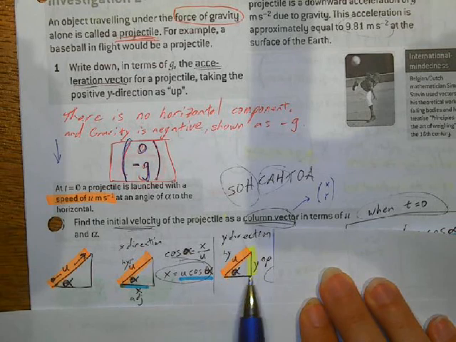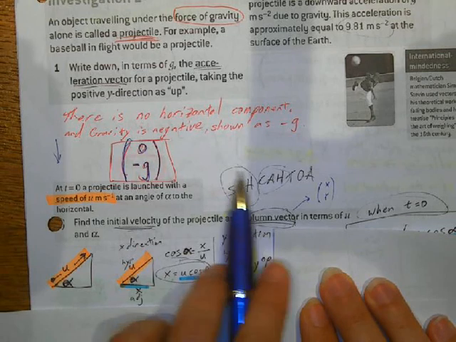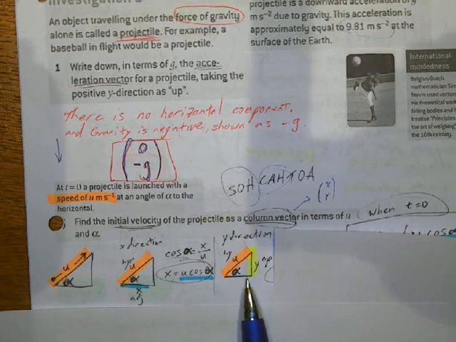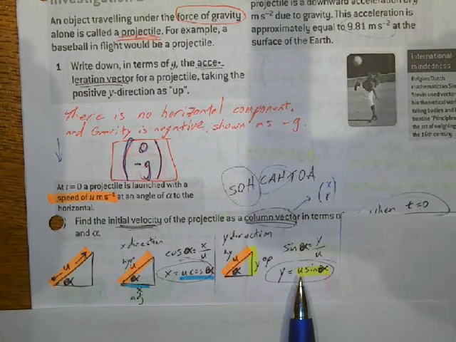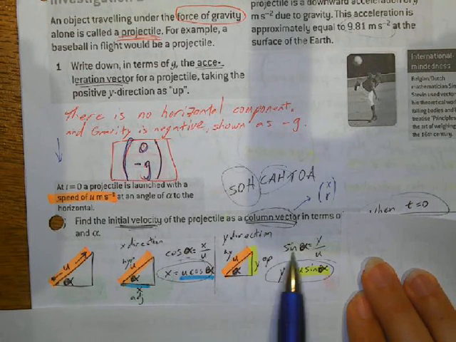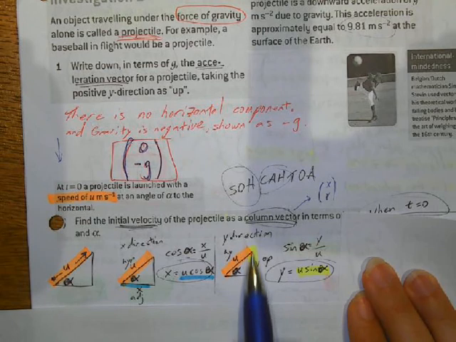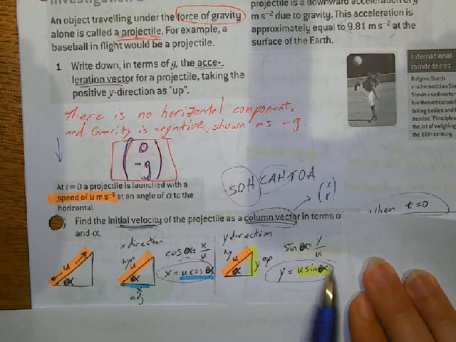If I've got opposite and hypotenuse, I'm going to use sine. Sine of alpha equals the y movement, the up and down movement, over the hypotenuse. And now I can rewrite this with y equals u sine alpha.